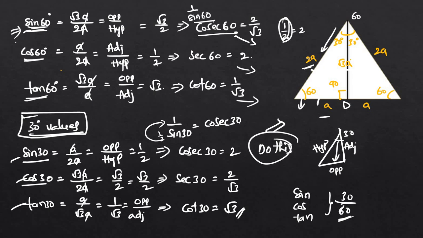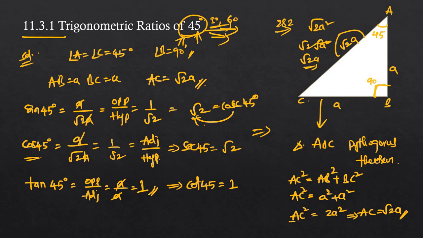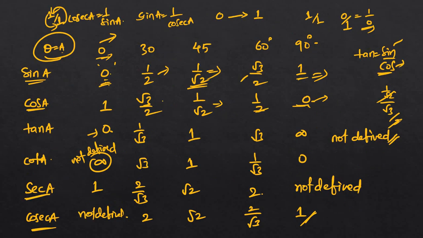I also explained tan 45, sin 45, cos 45 in the last video. Please check once. After that I explained the trigonometric table, how it is formed and how it comes as an easy method.